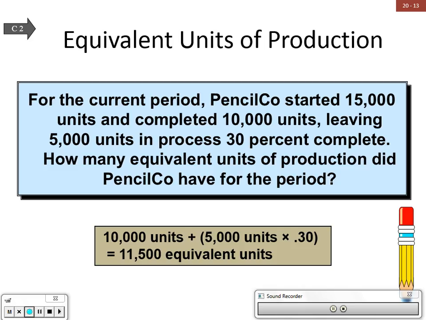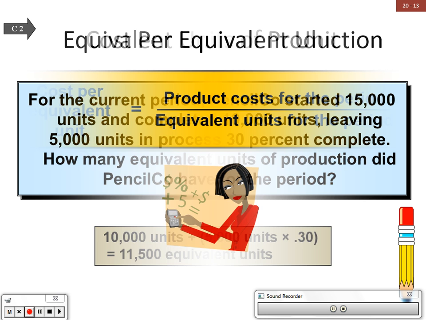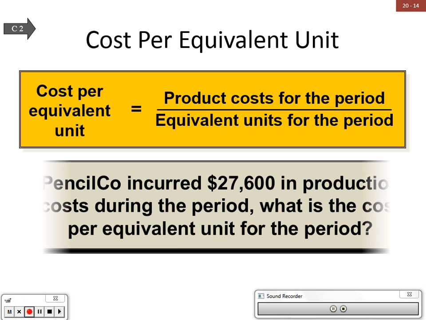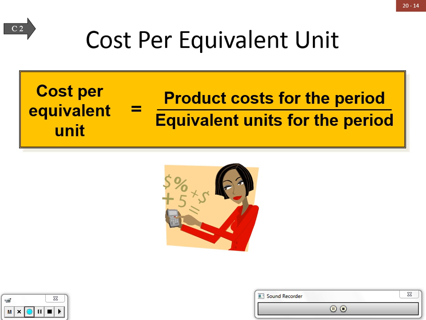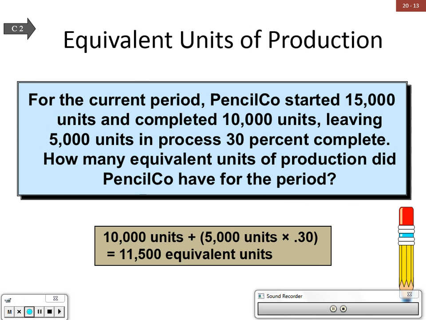What is that actually saying? What do you think that's saying, the 11,500 units? That's how many units they completed for that period. Let's see. This is what this is saying, and let me think about the pencil example.